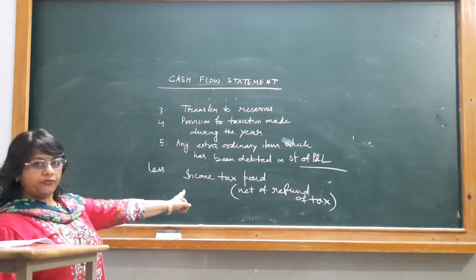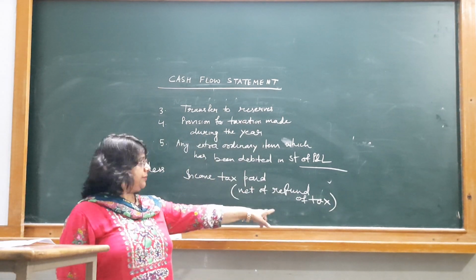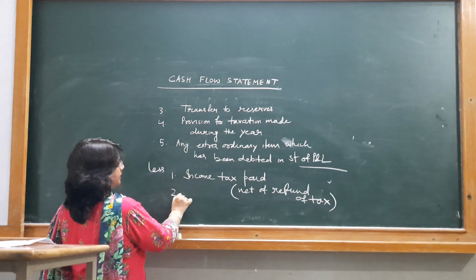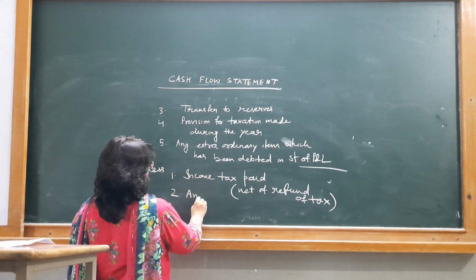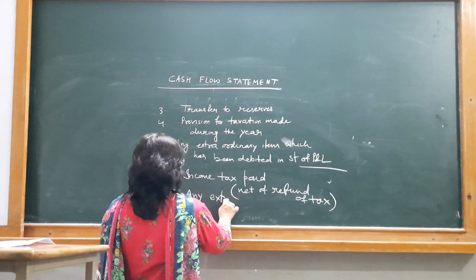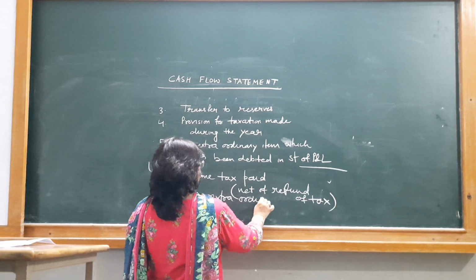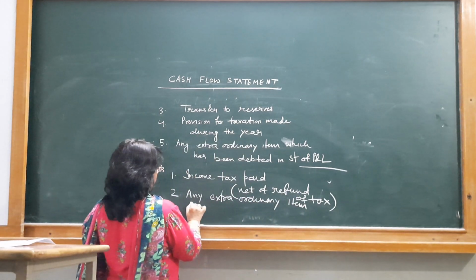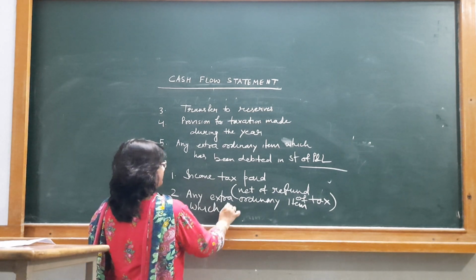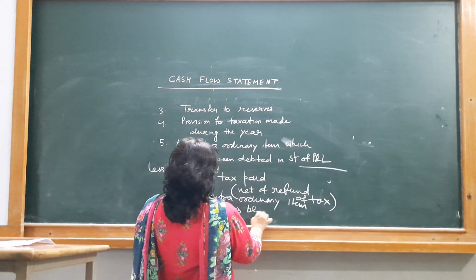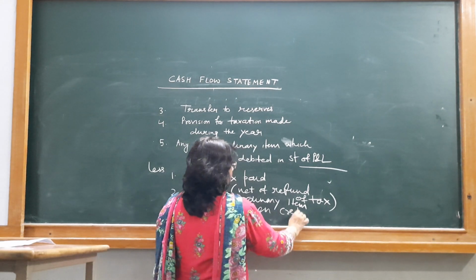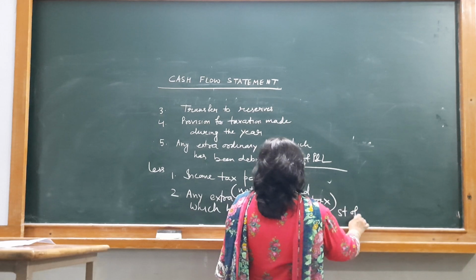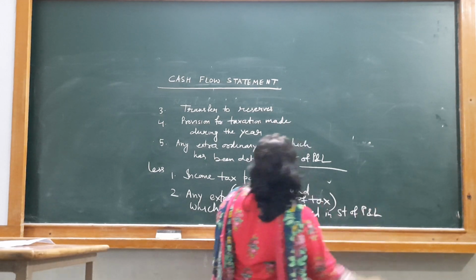So out of income tax paid, you will subtract the refund of income tax, and the second item to be subtracted is any extraordinary item which has been credited in the statement of P&L.